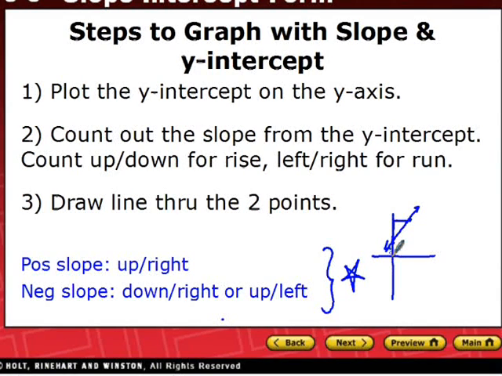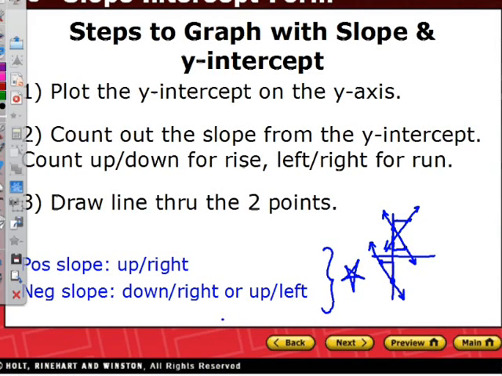When you have a negative slope, you're counting either down and to the right, or, if we started here, up and to the left, so that you get something negative. So either up and left or down and right for negative slope. Because remember, if you went down and left, that would be 2 negative directions if you think about it on the number line. Down is negative and left is negative. So that would actually be 2 negatives, which would make your line have a positive slope instead.